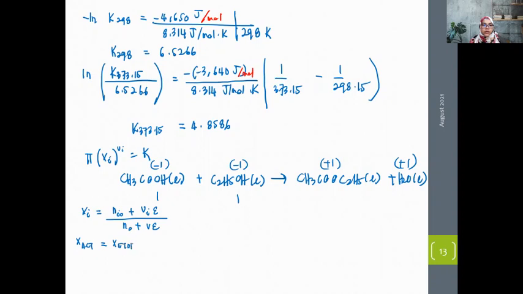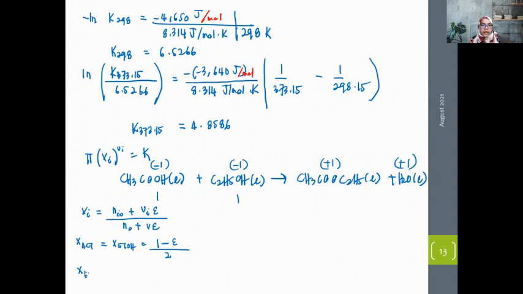So x_i is 1 minus the reaction coordinate over n naught equal to 2, and the total stoichiometric number is 2 minus 2 equal to 0, so it turns to 0. How about the products? We have the same stoichiometric number, so eventually it gives the same expression for the mole fraction.